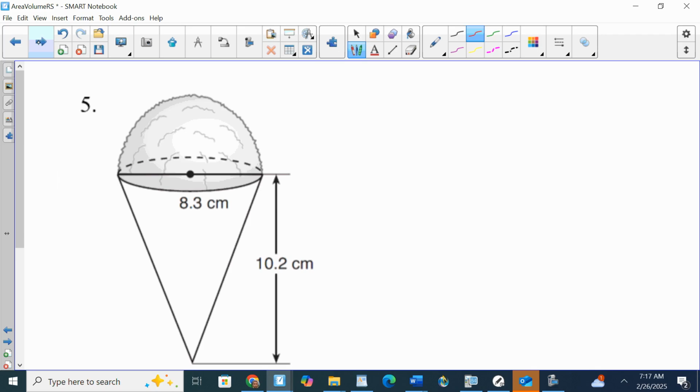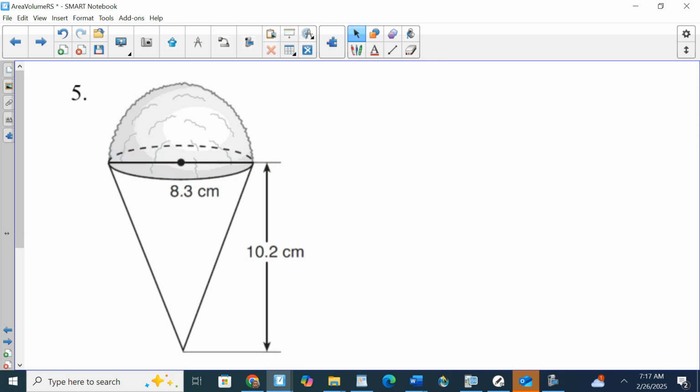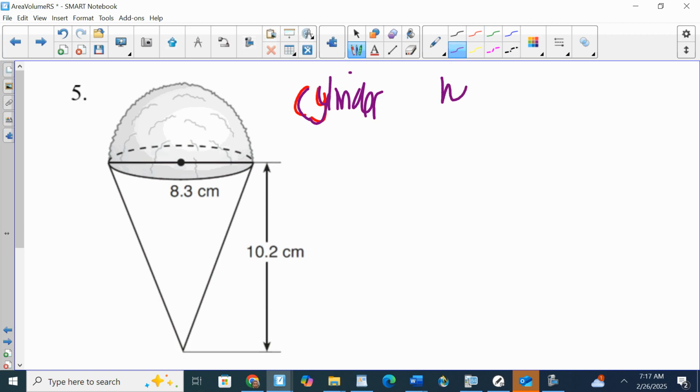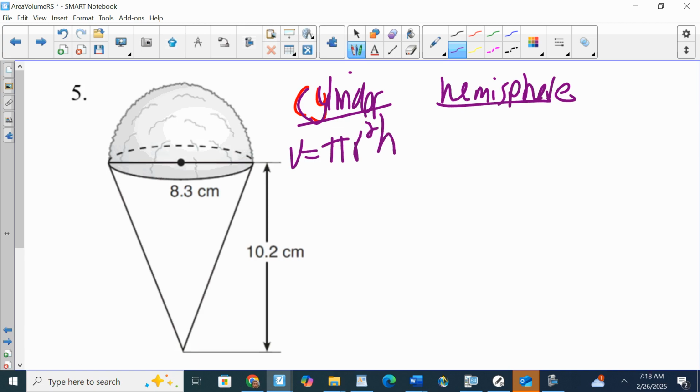Compound shapes. Let's just do this one. You find the volume of each individual shape and you add them together. So here I have a cylinder and I have a hemisphere, or 1/2 of a sphere. Cylinder is pi r squared h.